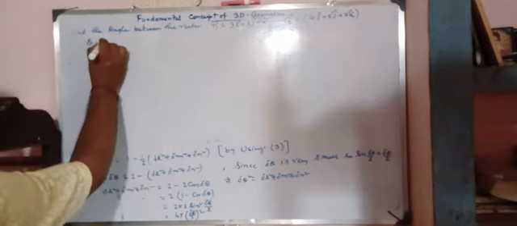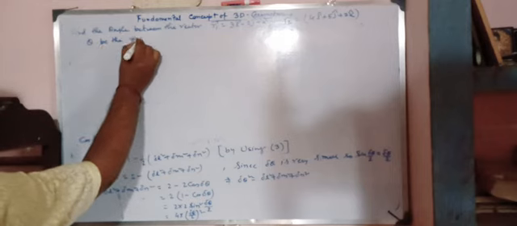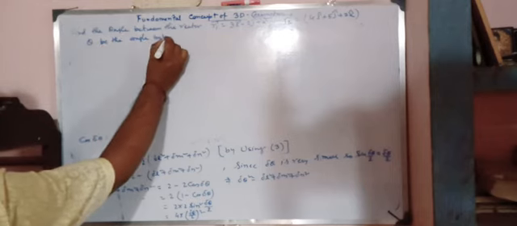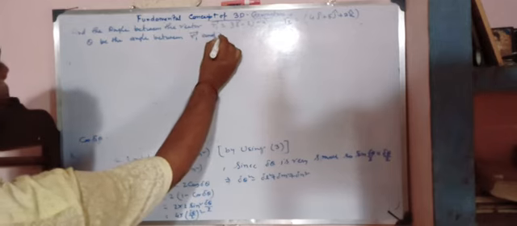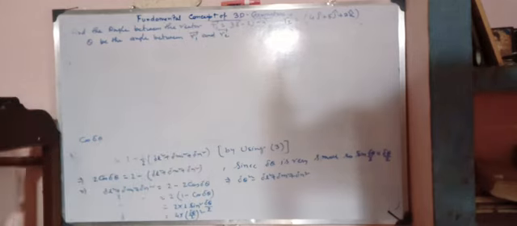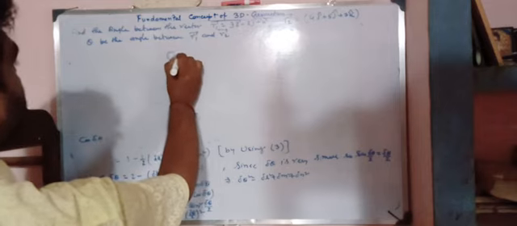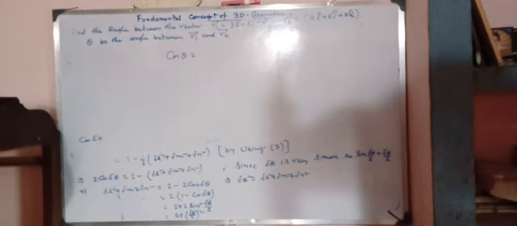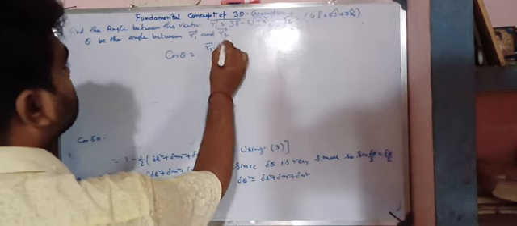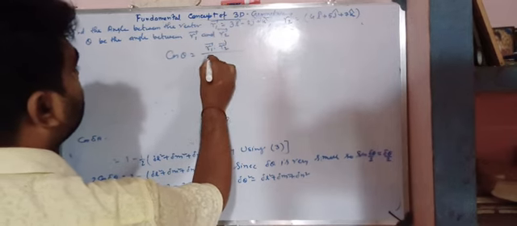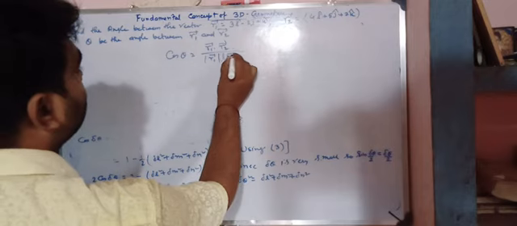Let theta be the angle between R1 and R2. Then cos theta is equal to R1 dot R2 divided by mod of R1 mod of R2.